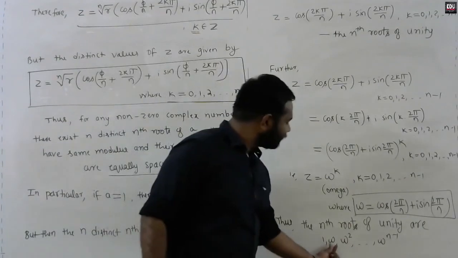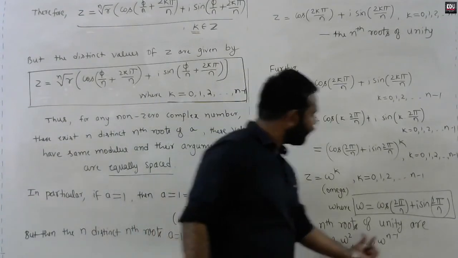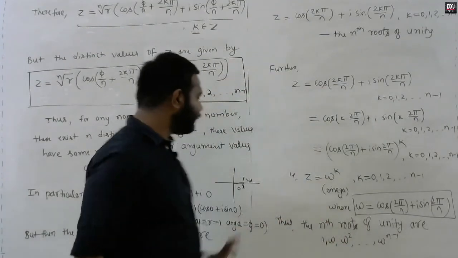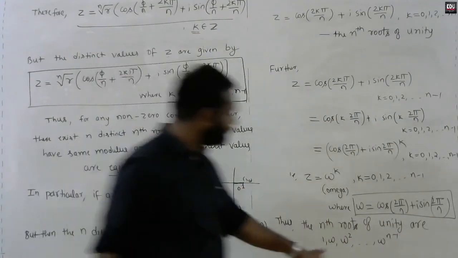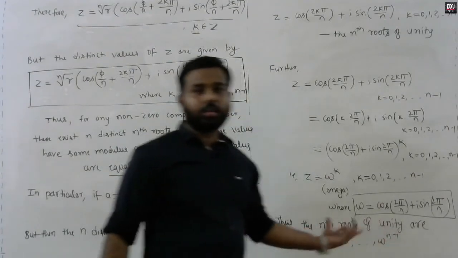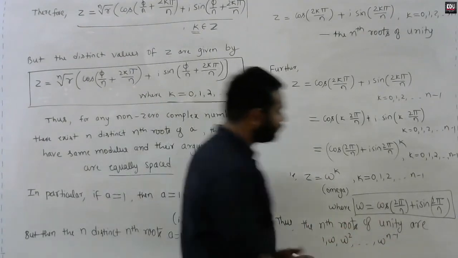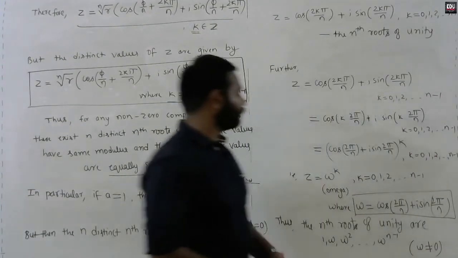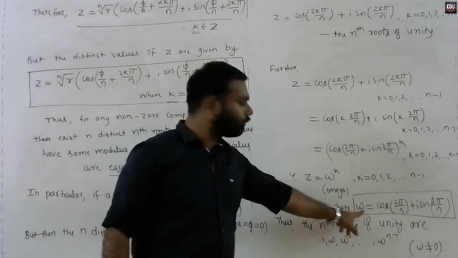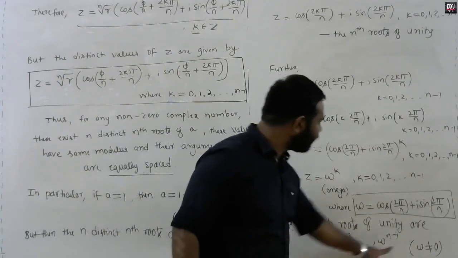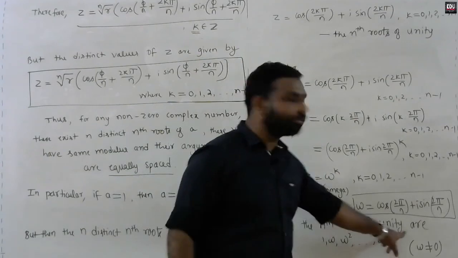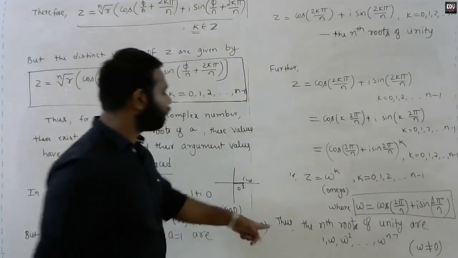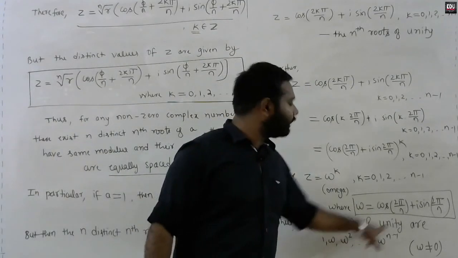And as 1, omega, omega square, up to omega power n minus 1 are nth roots of unity, their nth power should give you the value 1. So this shows that omega has to be non-zero. If omega is 0, all the powers of omega will be 0, and it will be a contradiction to the fact that they are nth roots of unity.